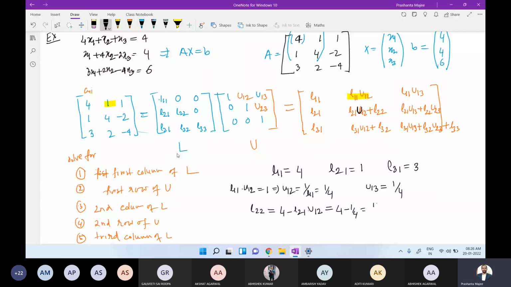That is L22. What is L32? L32 will be 2 minus L31 into U12.